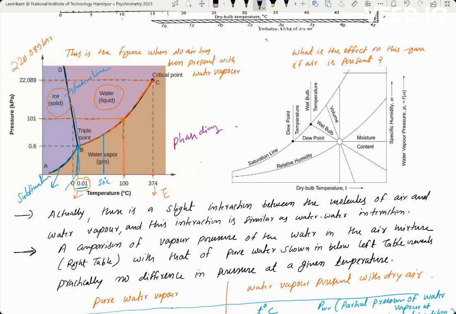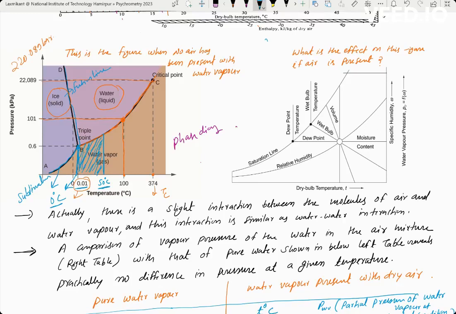So in the psychrometric chart, the x-axis will be between 0 and 50 degrees Celsius. This blue region is basically the region of the psychrometric chart, because in air conditioning we work between 0 and 50 degrees Celsius. We cannot go below 0 degrees Celsius, because below 0 degrees Celsius ice formation takes place.